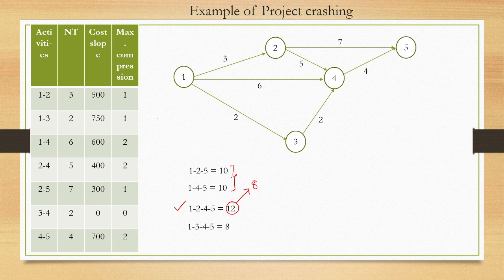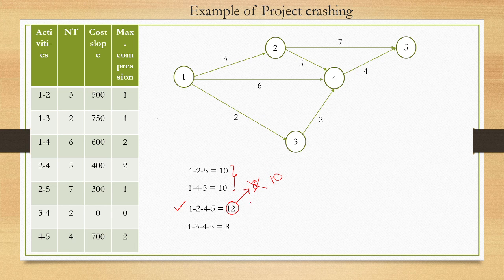So what do we have to do? First, let's reduce this path not by 8 days but to 10 days, so that it remains the critical path. If you reduce further, to 9 days, then another path will become critical. So you have to reduce it to 10 days at most.